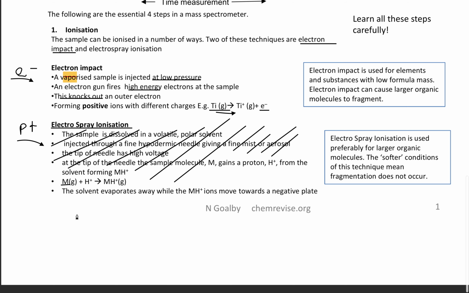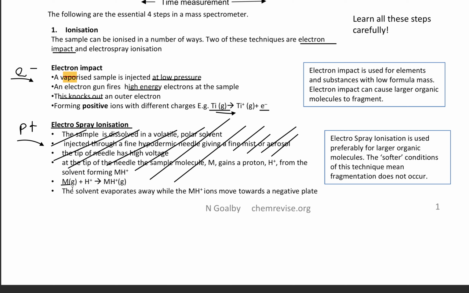So your sample is first dissolved in a solvent and goes through a small nozzle at high pressures. Here a voltage is then applied, causing each particle to gain a hydrogen ion.